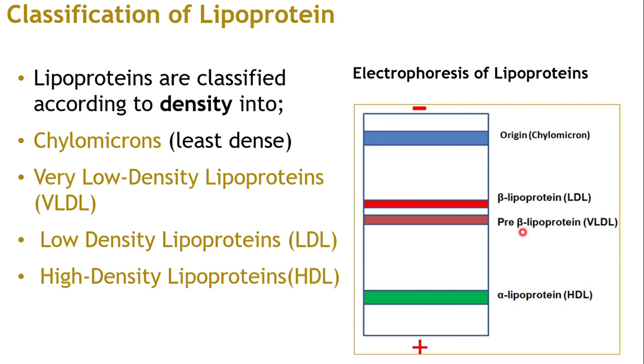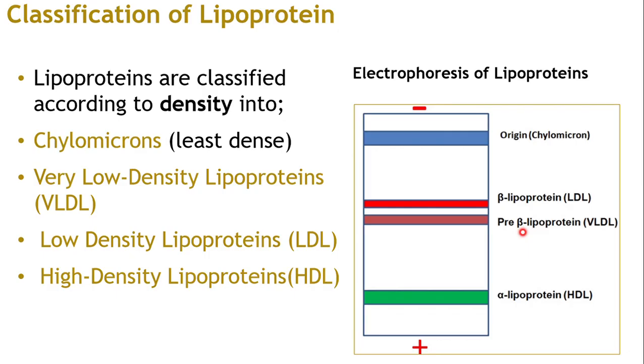The electrophoresis of lipoprotein is just a laboratory technique that is used to separate and analyze different types of lipoprotein in the blood based on their size, their density, and electrical charge. Lipoproteins are particles that transport lipids. Like we said earlier, simply they transport lipids or fat through the body.